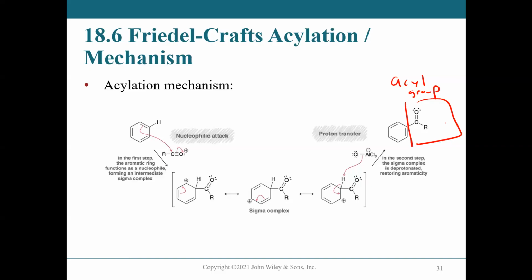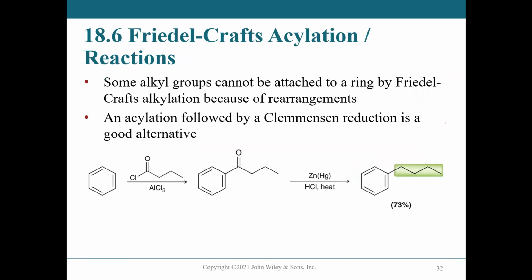And then there's an important reaction. It's called the Friedel-Crafts acylation. It says some alkyl groups cannot be attached to a ring by Friedel-Crafts alkylation because of rearrangements. So an acylation followed by a Clemmensen reduction is a good alternative. So here's your Clemmensen reduction right here.